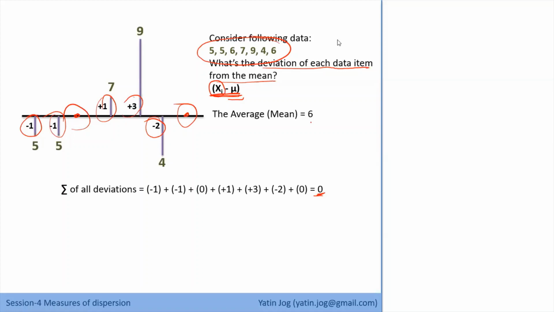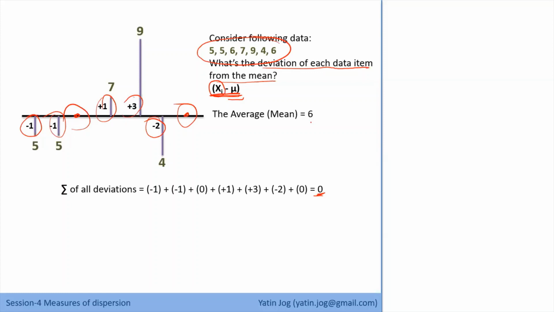Okay, anyone else? Yes, Divya, what is your understanding? Why is the summation of all deviations 0? Because they're calculated using the mean, so at the end it has to be 0 because it's the mean.